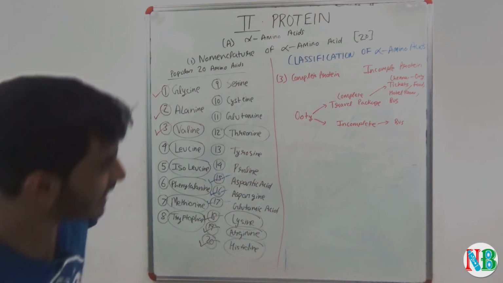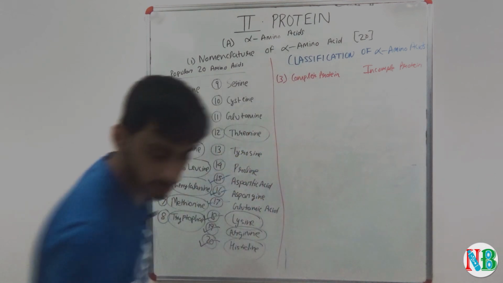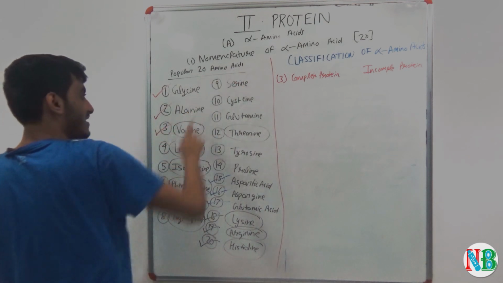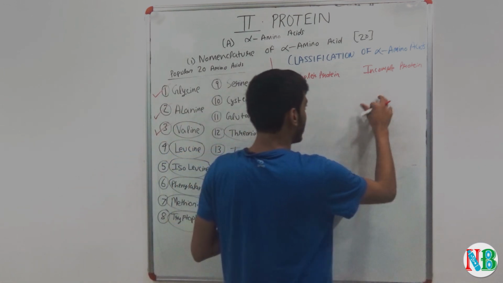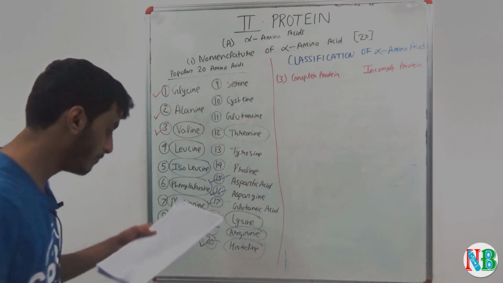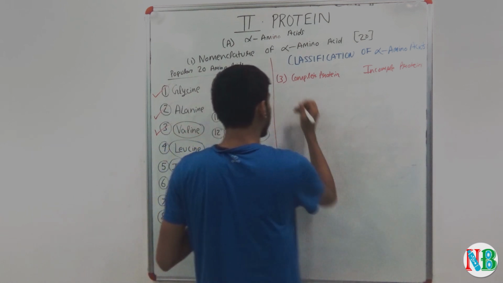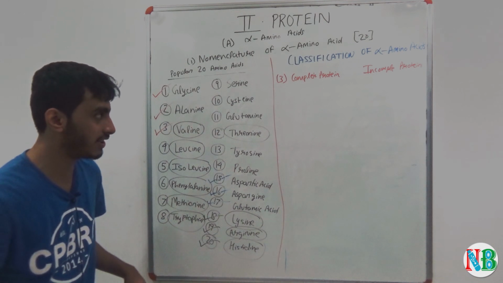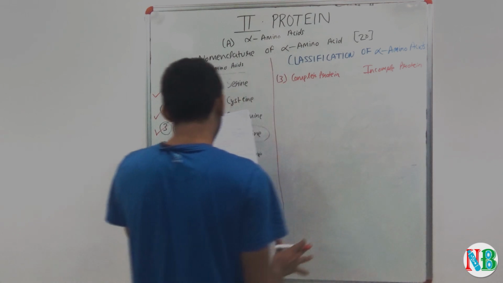Any package or any protein which gives you all the amino acids is known to be complete, and the ones that don't have all the amino acids in them are called incomplete proteins. So what do we need? We need the essential ones or the non-essential ones? In our body we can synthesize the non-essential ones, so we need only the essential amino acids.